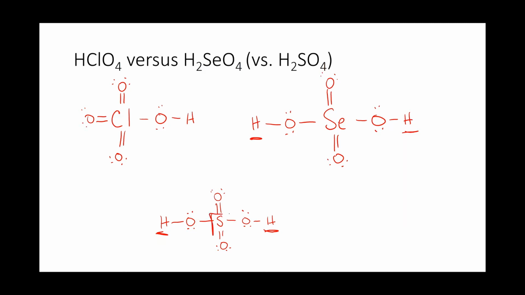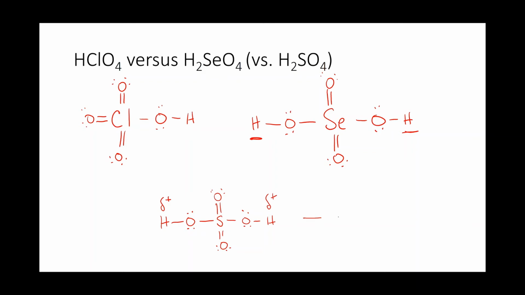Really the difference in these two molecules is that central atom. If we're comparing selenium to sulfur, they're up and down on the periodic table. Sulfur is higher on the periodic table than selenium, and so it has a higher electronegativity, which means it is going to have a bigger pull of that electron density towards itself, which means the protons on the sulfur-containing acid are going to have larger partial positive charges, and it will be easier for them to be donated.